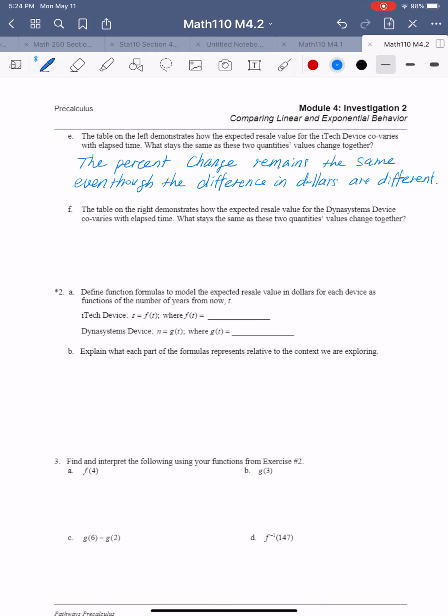F. The table on the right demonstrates how the expected resale value for the Dyna Systems device varies with the elapsed time. What stays the same as the two quantity values change together?